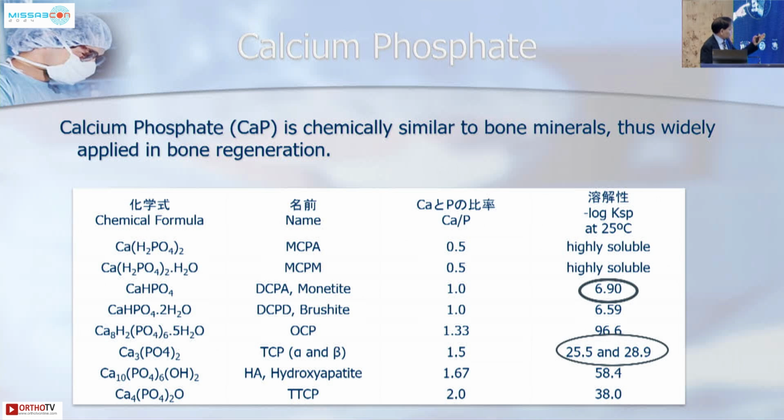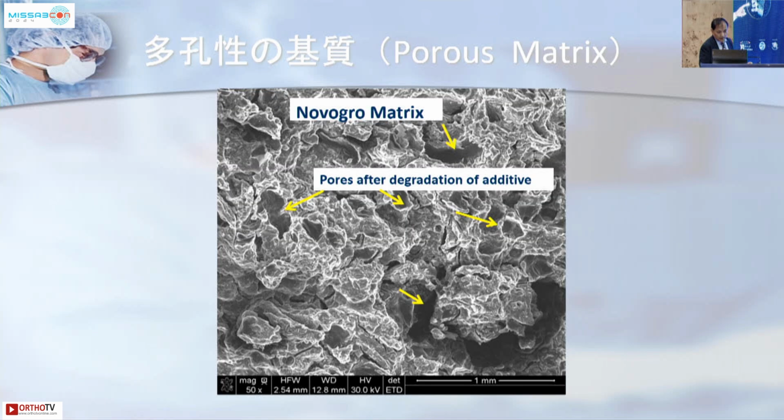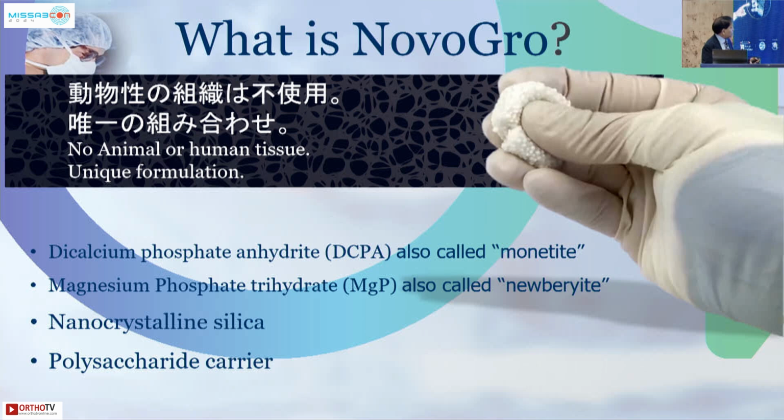Here you can see how DCPA has more bone-like properties compared to TCP, and the matrix is porous and it degrades by additive. So what is NovoGro? Dicalcium phosphate, magnesium phosphate trihydrate, nanocrystalline silica, and polysaccharide, with no animal or human tissue inside it.